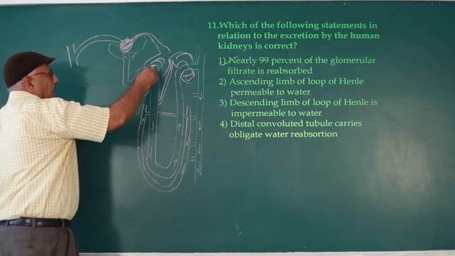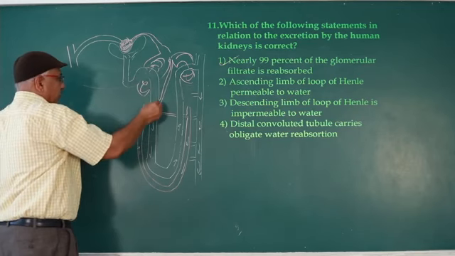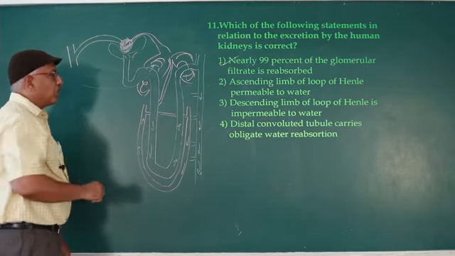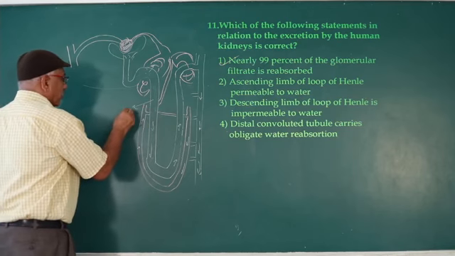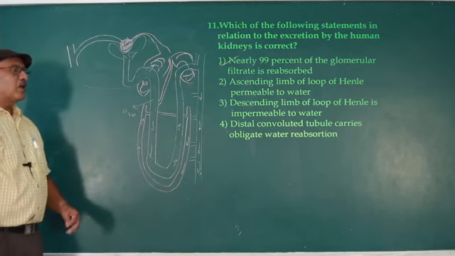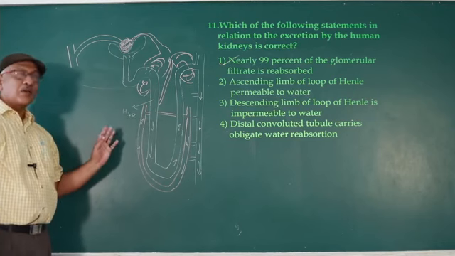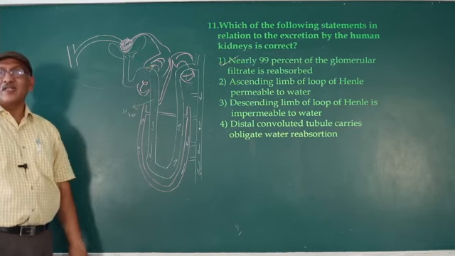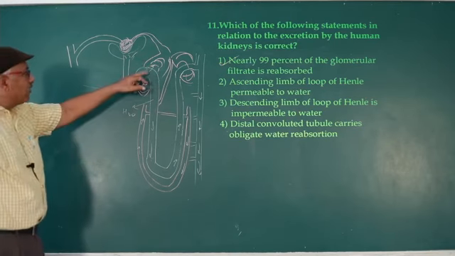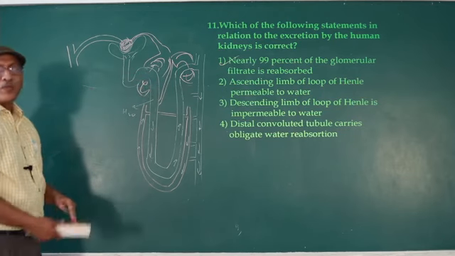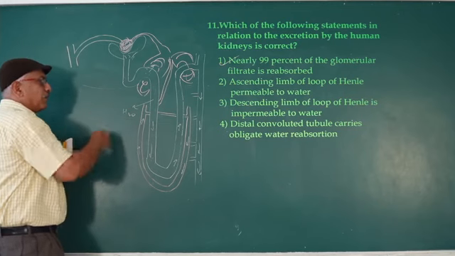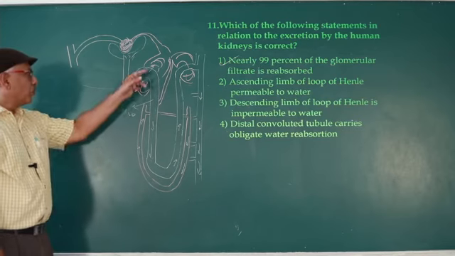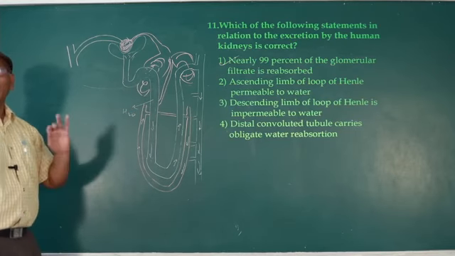Now the isotonic urine from the PCT, while passing through the descending limb of loop of Henle, the wall is impermeable to electrolytes. Water is reabsorbed. So how much percentage of water is reabsorbed? We already mentioned in the PCT 70 to 80% water is reabsorbed. For example, in one person 70% water is reabsorbed from the PCT, from the descending limb 15%. So what is the rule? 85% of water should be reabsorbed through the PCT and descending limb of loop of Henle.